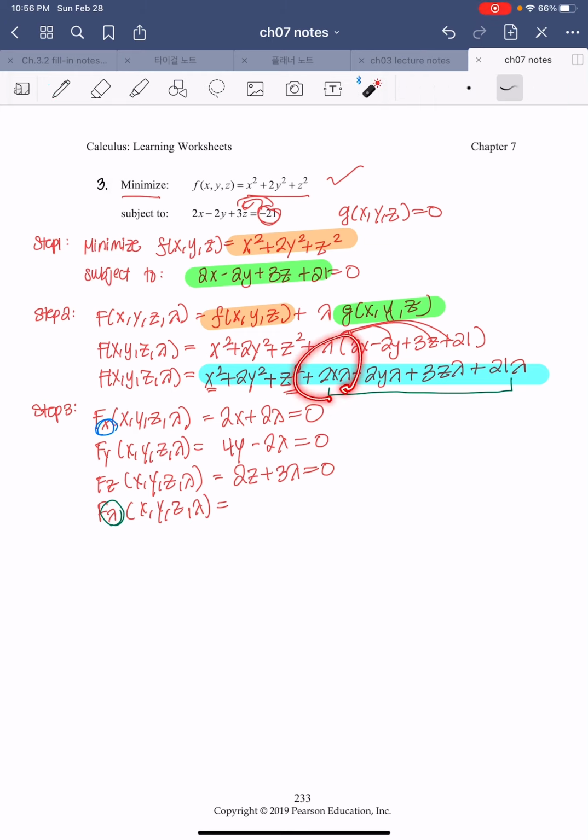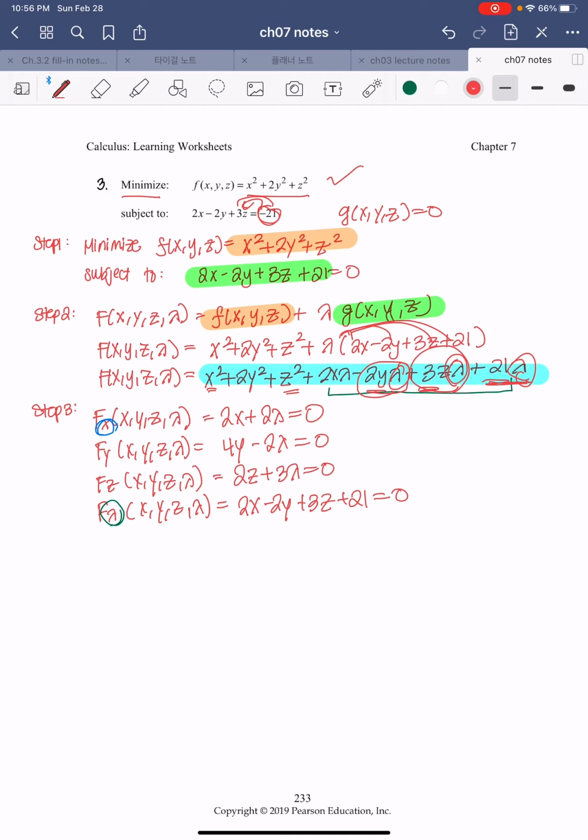This right over here will give you 2x. Second term will give you, remember lambda is the variable, negative 2y. This one over here plus 3z. And then the last one, this is the variable, so the constant 21 disappears, set it equal to 0.